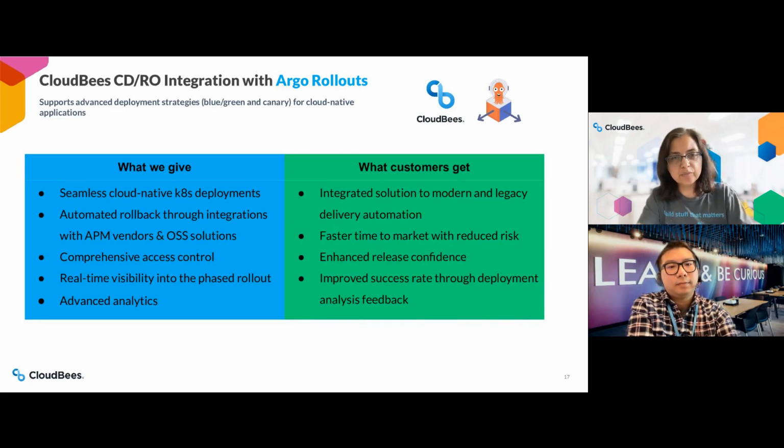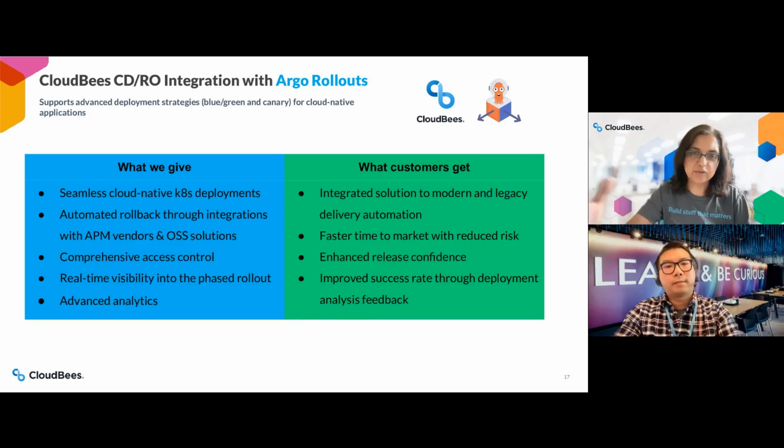Using Argo Rollout with CDRO allows them to use not just the capabilities that are supported with Argo Rollout itself, things like the advanced deployment strategies I mentioned, or support for monitoring tools and metrics and traffic shaping, but also they get real-time visibility into the phased rollout as it's being handled by Argo Rollout, along with complete control and the same checks and gates that are available for more traditional applications.